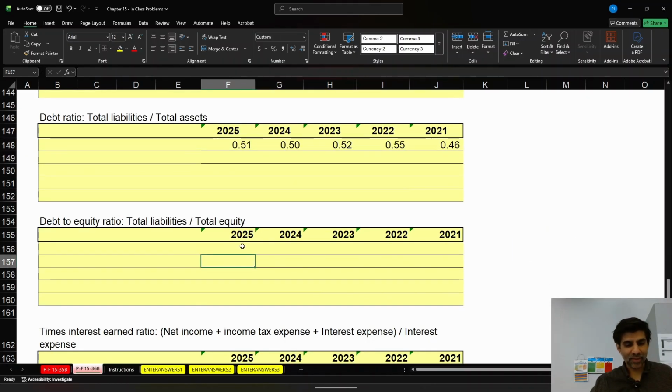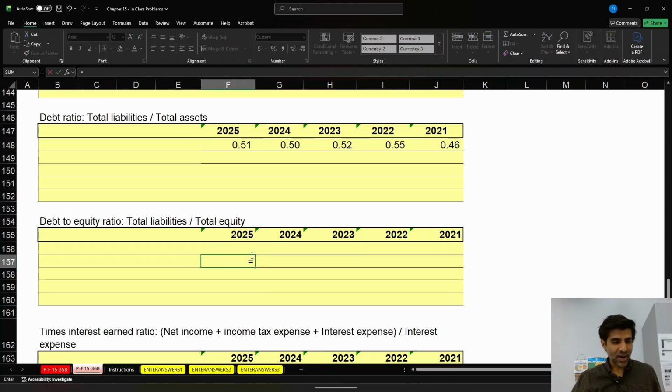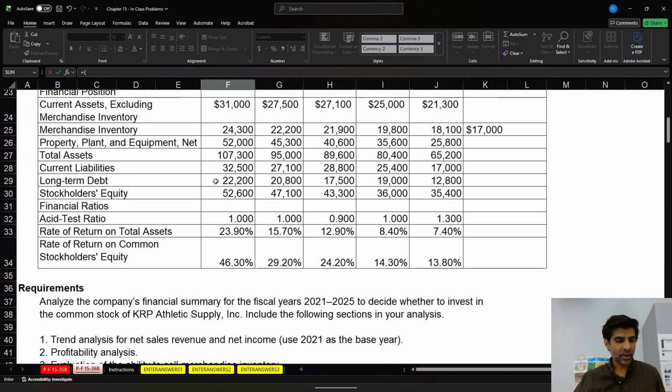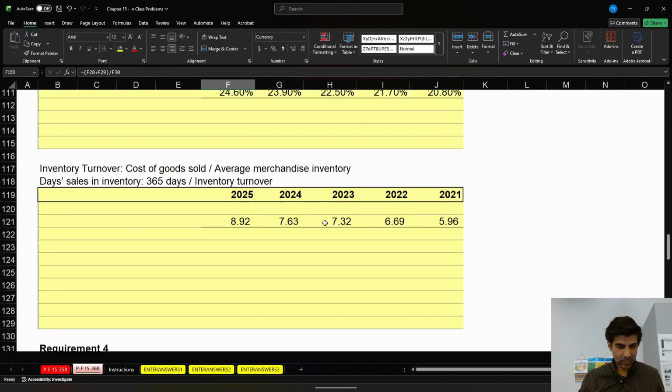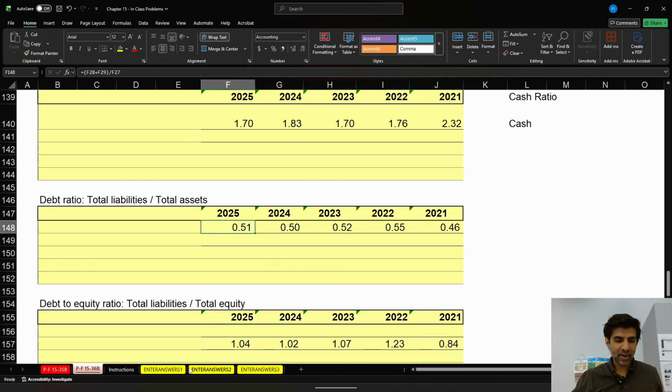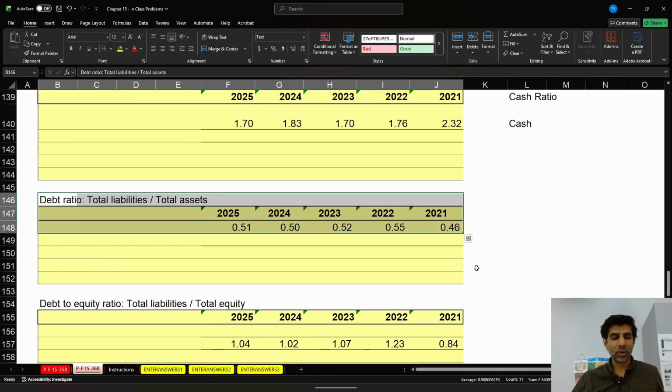And then debt to equity. So it's asking you to calculate this. So total liabilities, which again is current plus long term, divided by your total equity. And again, as I said, these are all kind of related. This 50% is related to a 1-to-1 debt to equity ratio. The debt ratio for me is more intuitive.